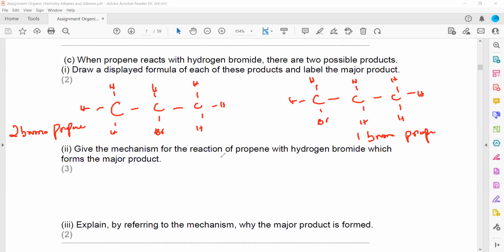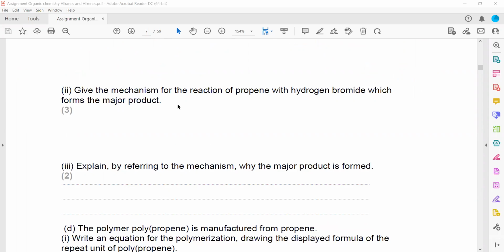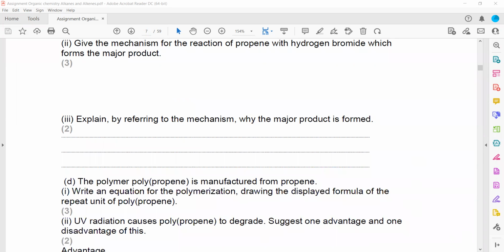Give the mechanism for the reaction of propene with hydrogen bromide which forms the major product. So we have to show a mechanism, how this reaction proceeds. Drawing the direction of the arrow is very important. First we'll draw propene.